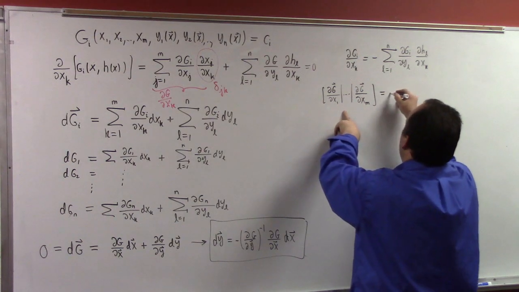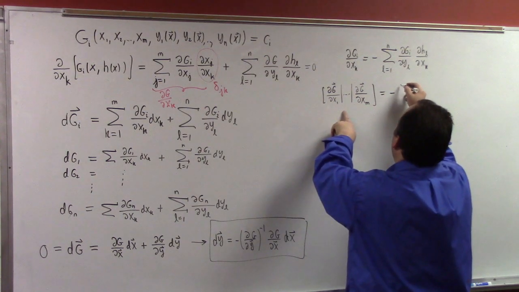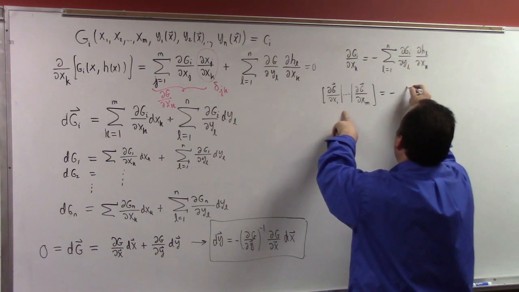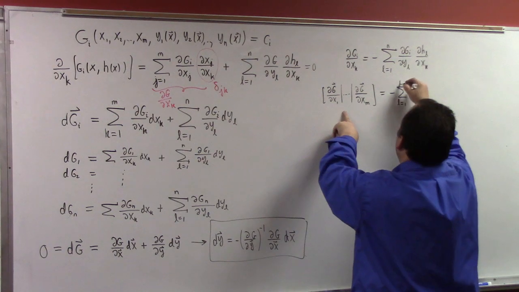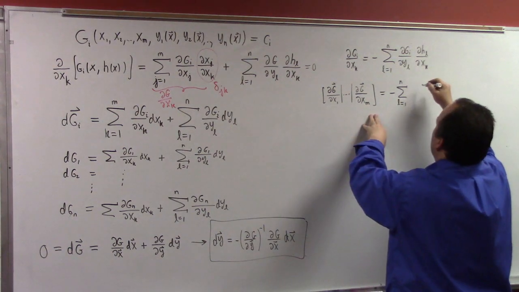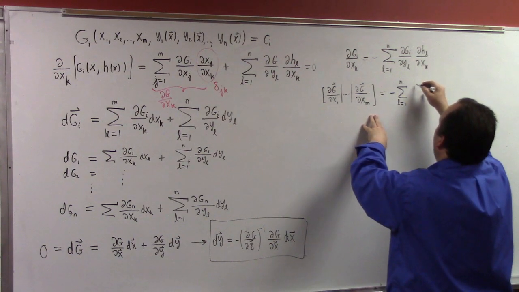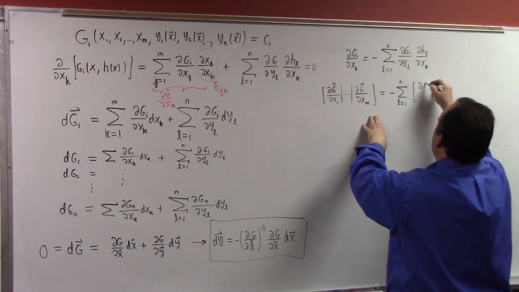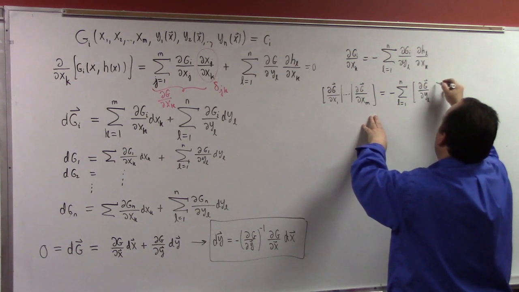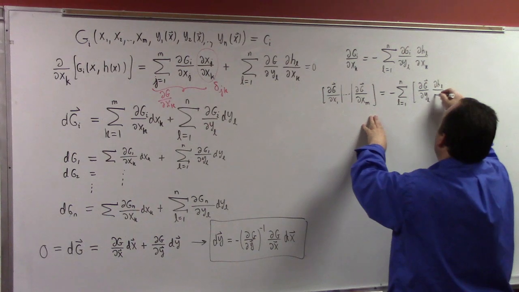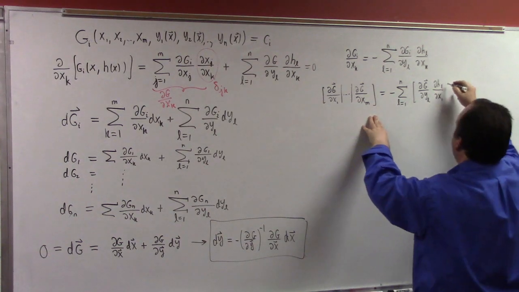And that's going to be equal to minus, and I can just keep the sum out here to not write it a billion times, L equals 1 to n of partial G vector partial YL times partial HL partial, well, I guess I would do 1 to start with, right?